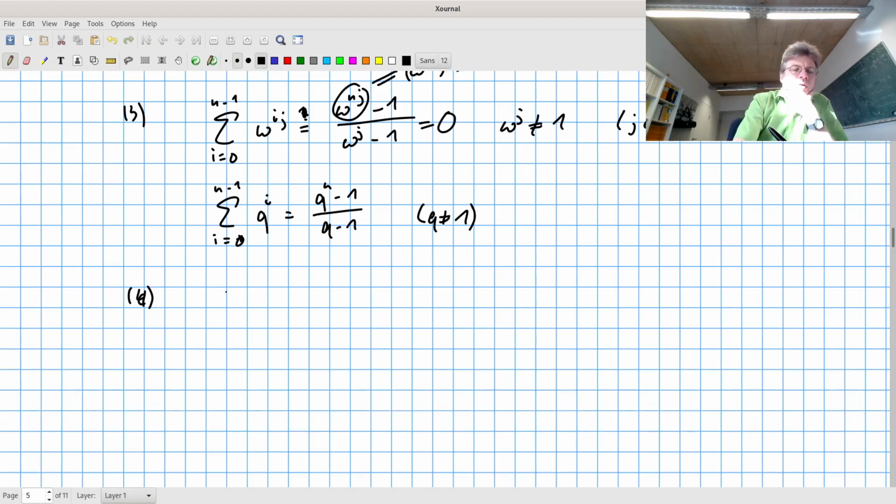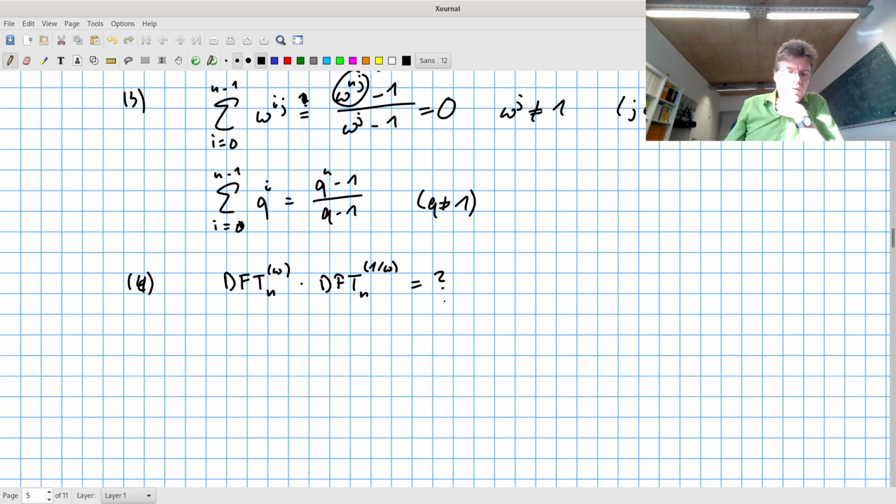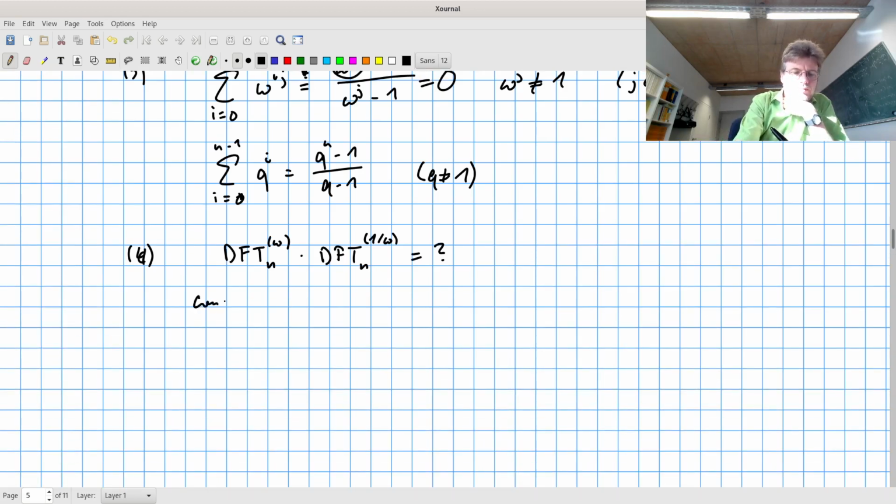Okay, and now in order to prove that the inverse of the DFT of size n with root of unity omega is essentially the DFT with 1 over omega of size n, let's see what happens if we multiply them. So consider the component at position ij.